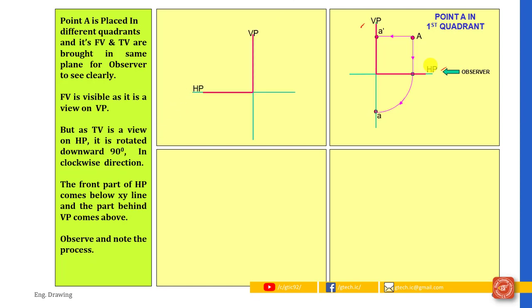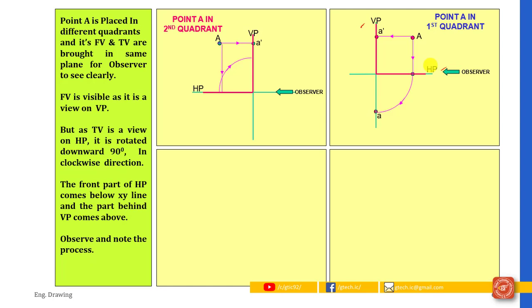Repeat the same procedure for the position of a point in other quadrants like this, but the observer still keeps its position. Now the point is in the second quadrant and this one is the front view of the point, A dash on the VP, and the top view of point A is denoted on the HP, the horizontal plane.